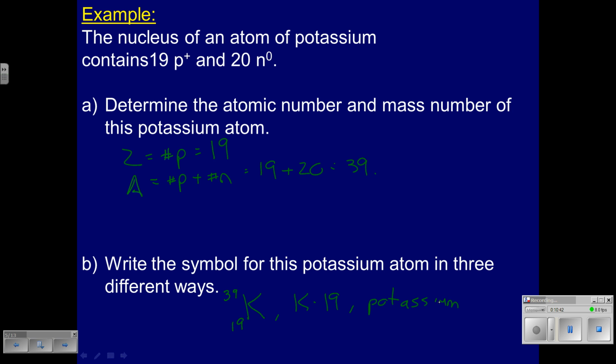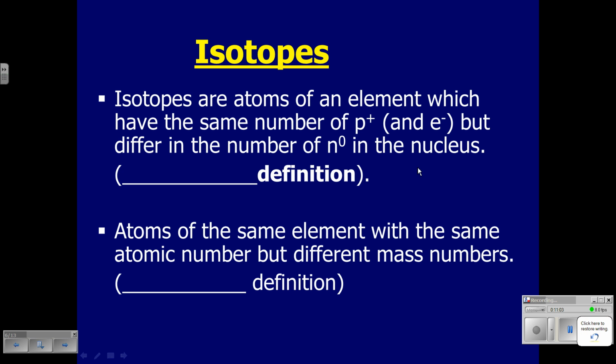Oops, lost an I. Potassium 19. Whoa, I made a mistake. That's 39. I need the mass number on there. The mass number goes at the end. Okay, so that's how we can write these down.